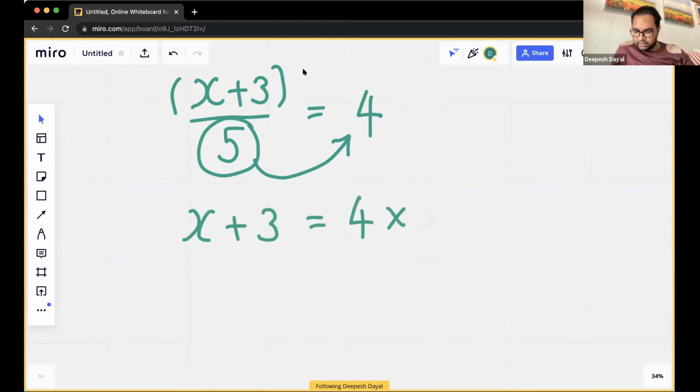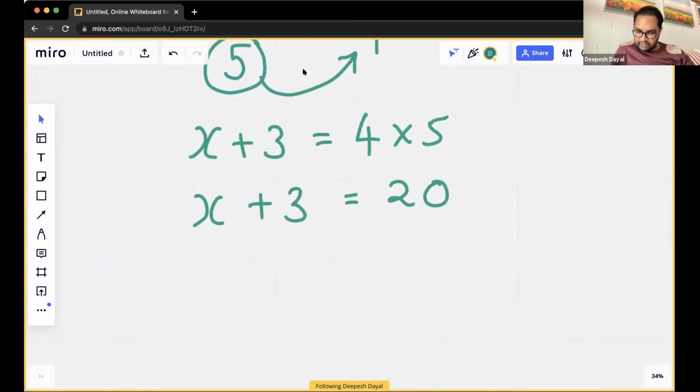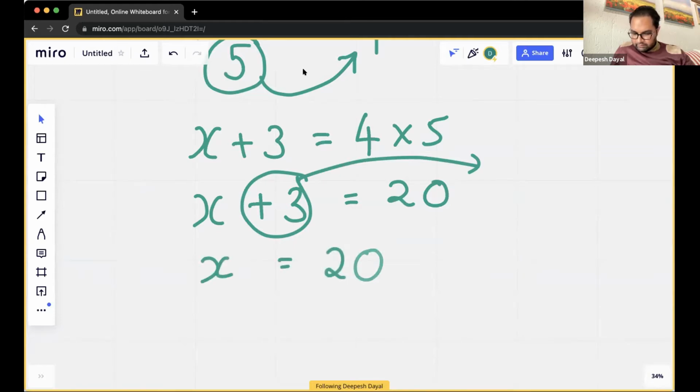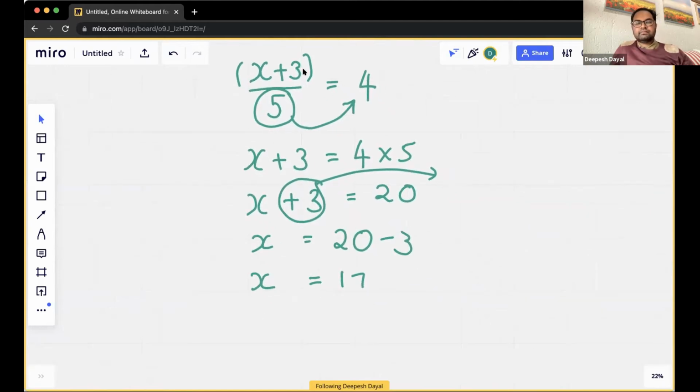Yes, sir. 4 times 5 is 20. So x will equal, now we're going to take the 3 over. When we take the 3 over, what will it become? Plus, minus, divide, or times? Minus. So x will then equal 17. Can you see that? Yes, sir.